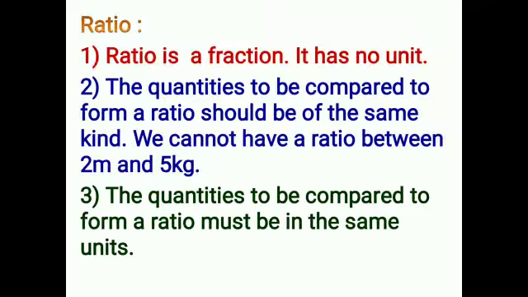The third point is that the quantities to be compared to form a ratio must be in the same units. That means whenever we calculate ratios, the unit should be the same.